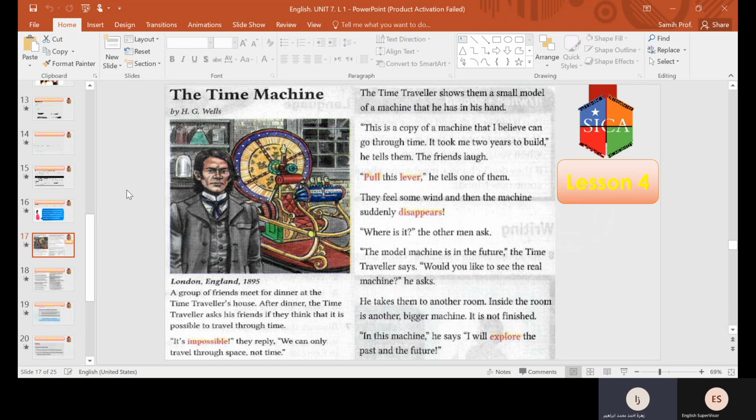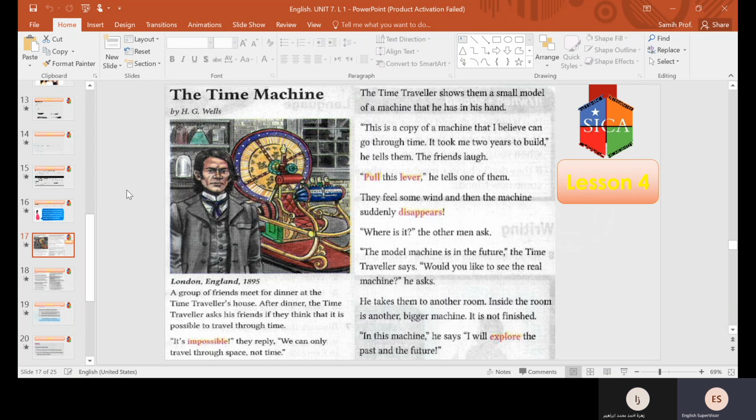Where is it? The other men ask. The model machine is in the future. The time traveler says, would you like to see the real machine? He asks. He takes them to another room. Inside the room is another bigger machine. It's not finished. In this machine, he says, I will explore the past and the future.